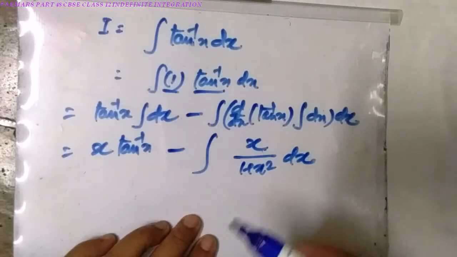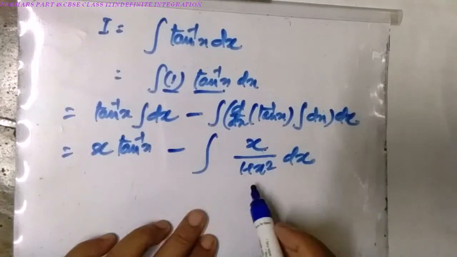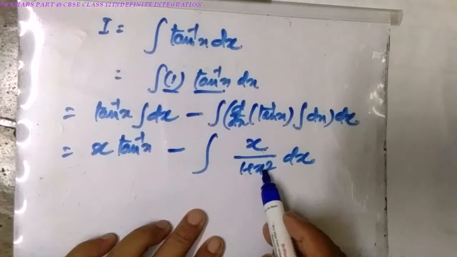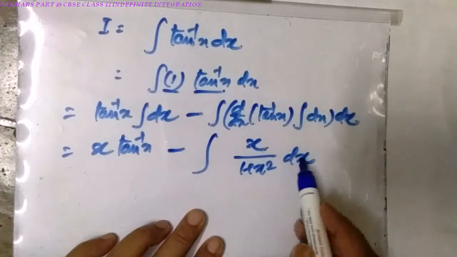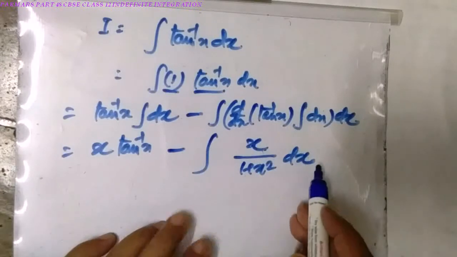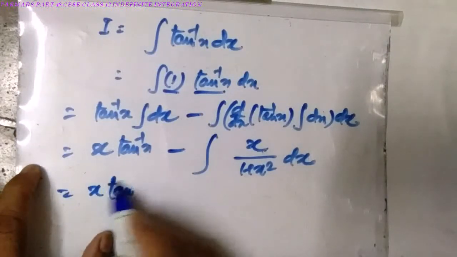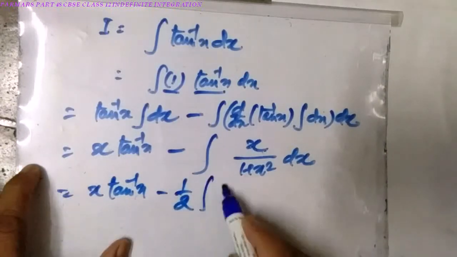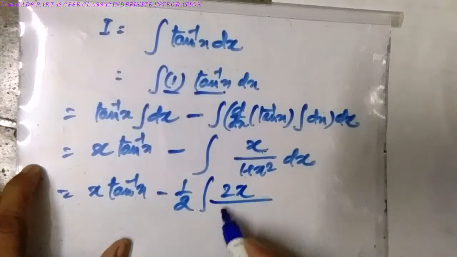Now we are in exercise 7. We have just covered a lot. Very much we can see that if we take 1 plus x square as t, 2x dx should be dt. Here it is x dx, so we multiply half outside the integration and 2 inside the integration.